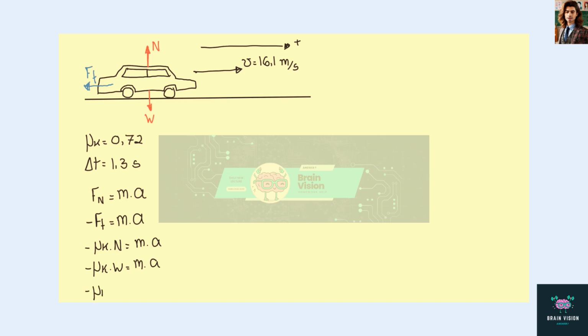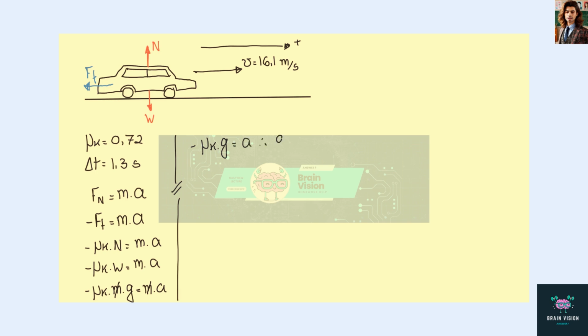And the weight force is given by the mass of the car times the acceleration of gravity. So we get this equation. We have mass on the left side and on the right side of the equation, multiplying both sides, so we can simplify it to get minus mu k times the acceleration of gravity is equal to the acceleration of the car.